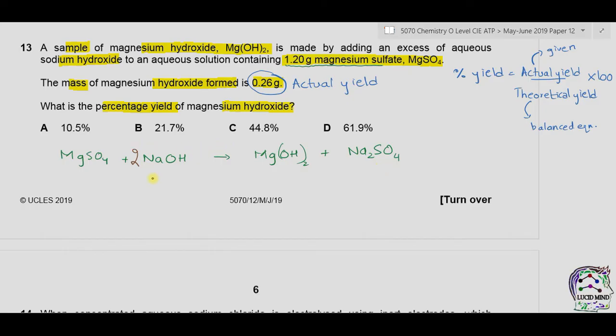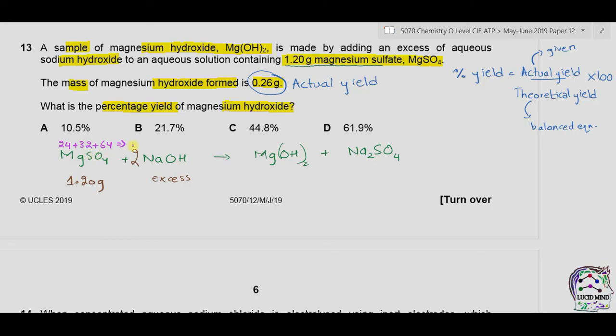Now sodium hydroxide is given in excess in the question, and for magnesium sulfate 1.2 grams are given. Let's find out the molecular mass of both magnesium sulfate and magnesium hydroxide. In magnesium sulfate we have 1 magnesium which is equal to 24, 1 sulfur which is equal to 32, 4 oxygen which is equal to 64.